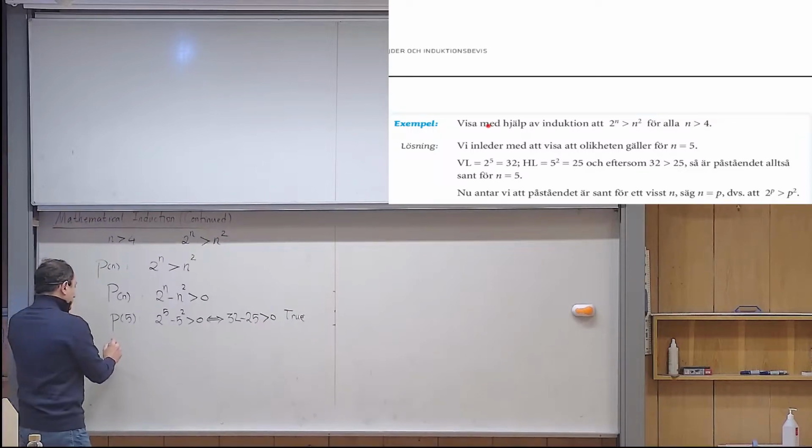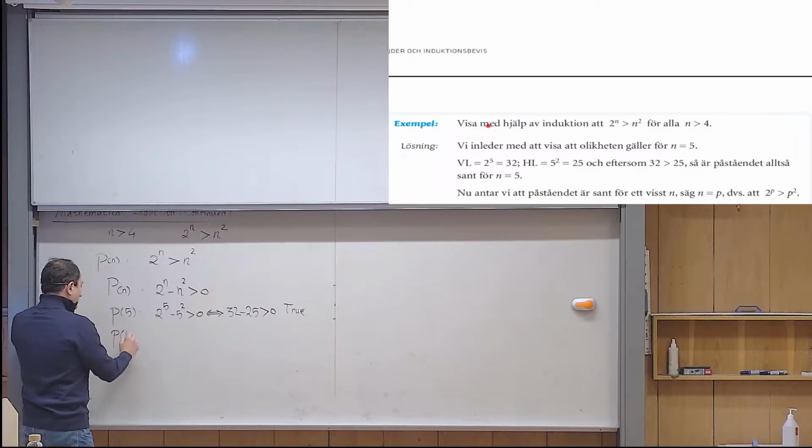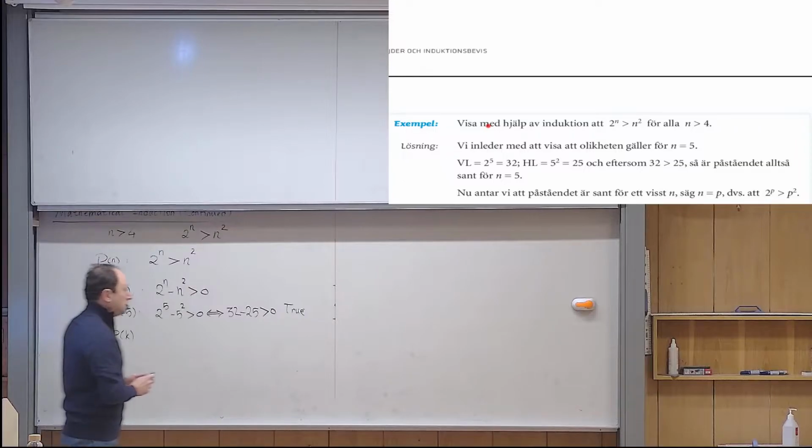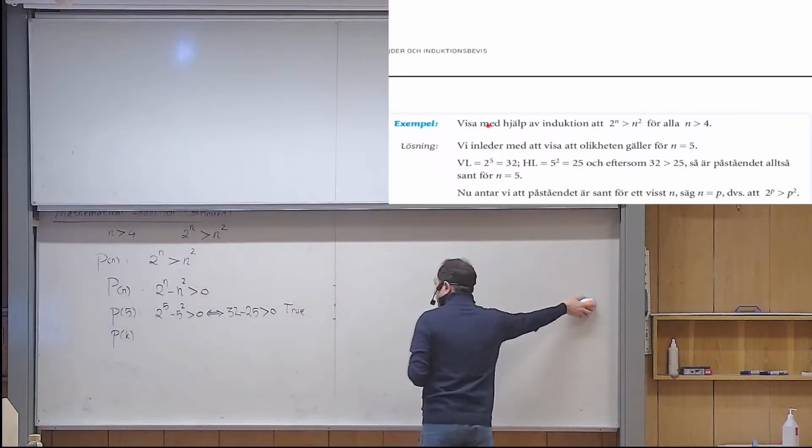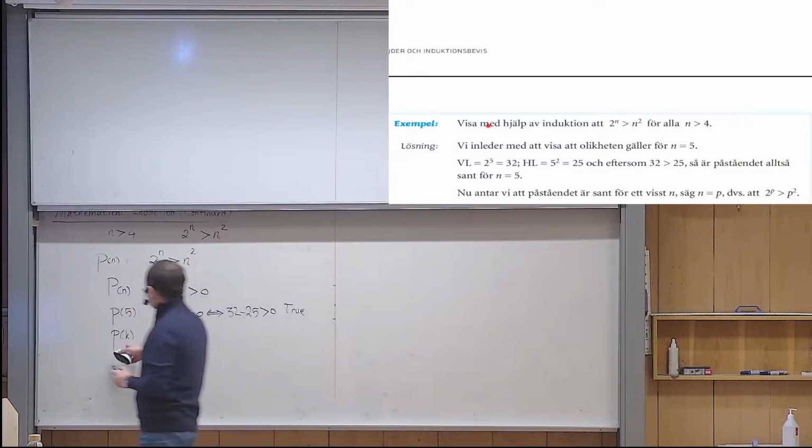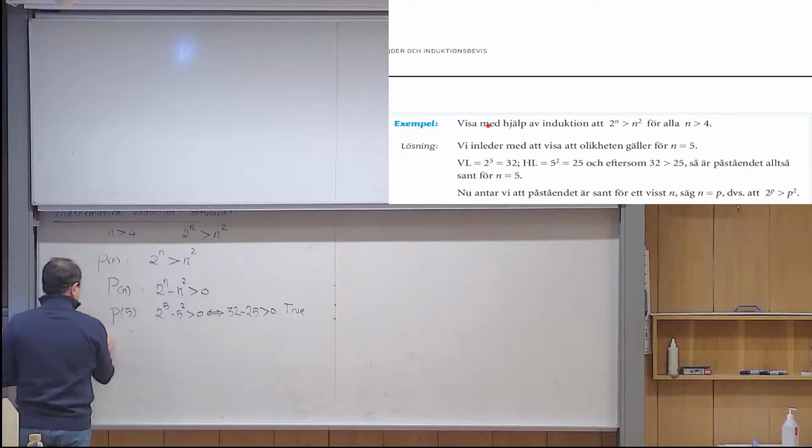Now I assume that P(k) is true, but this is also important here. This k is not any natural number, it's a natural number satisfying this condition. So if you don't mind, let me be more explicit here.